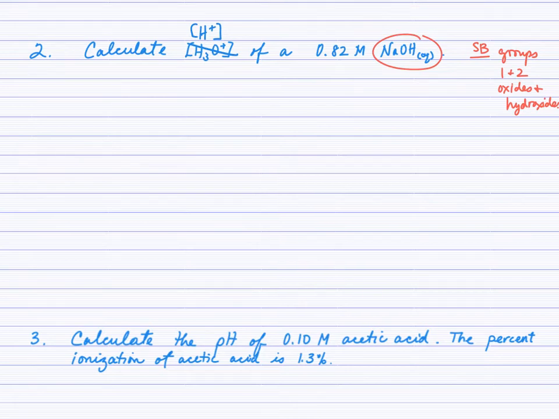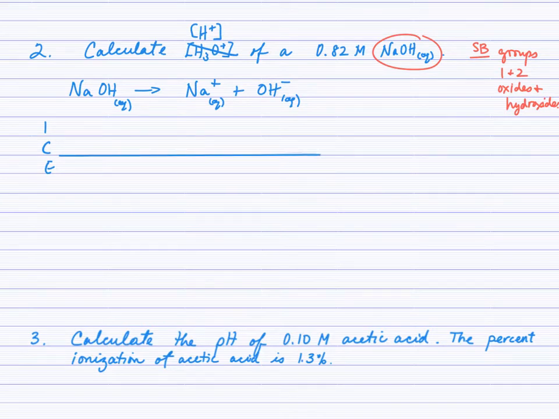Okay, so back to the problem. Calculate the hydrogen ion concentration of a 0.82 mole per liter solution of sodium hydroxide. So definitely, as I said at the beginning, for the strong bases, use your Arrhenius theory, and so we show the dissociation of that ionic compound into its ions. And we can set up the ice table.